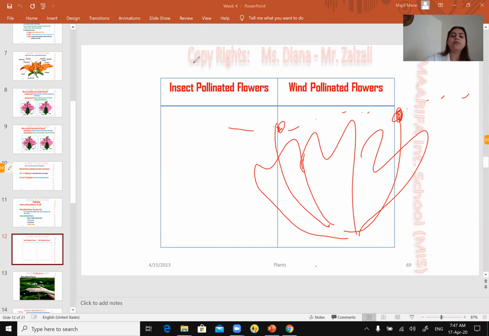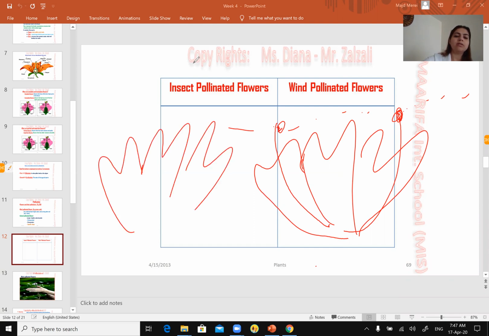But if we have this flower, these are the petals, and the stamens are short, the filament is short. So the stamen in general is shorter than the petals, so they are like hidden inside. So the wind cannot carry the pollen. So sometimes from the diagram, you have to know whether it is an insect-pollinated flower or a wind-pollinated flower.